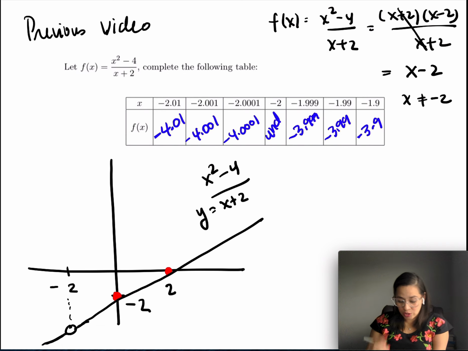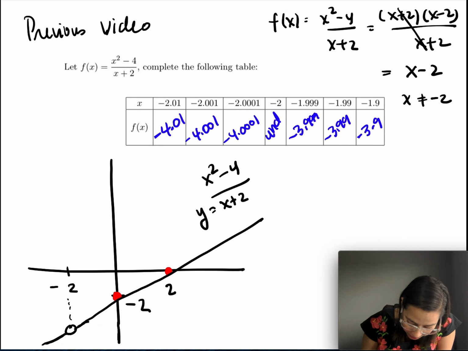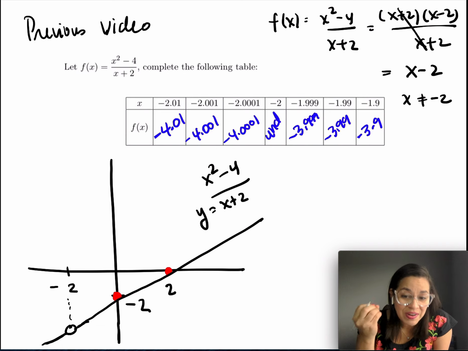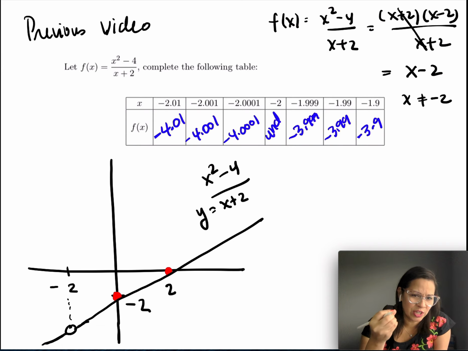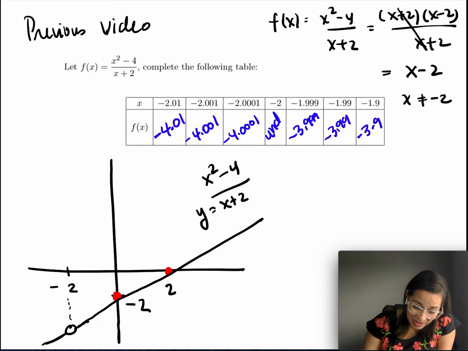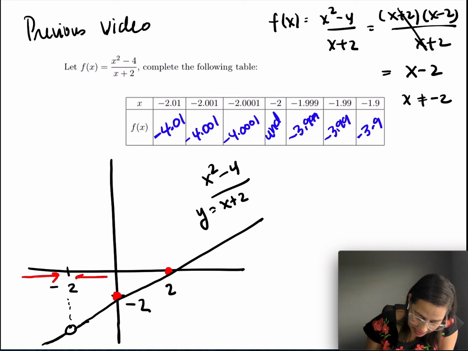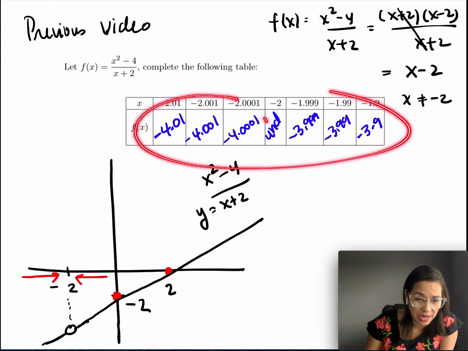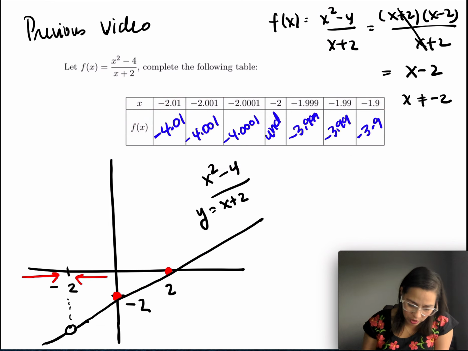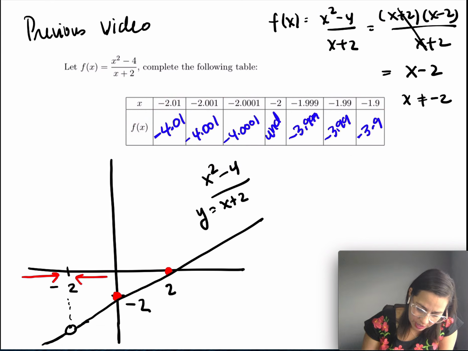Now the question is, what is the y value there? The y value will be the value that the function approaches as x approaches negative 2. As x approaches negative 2 from either side, the right or the left, the value of the function according to our table approaches negative 4. Therefore, that's how we know that this value here is just negative 4.